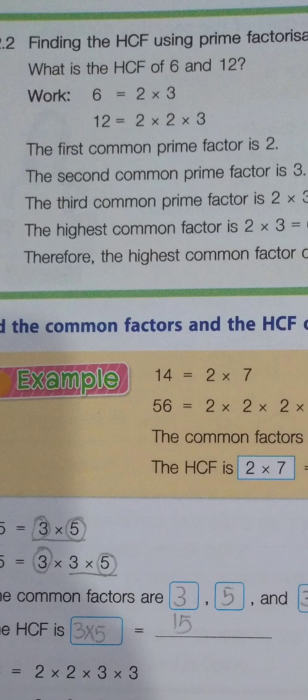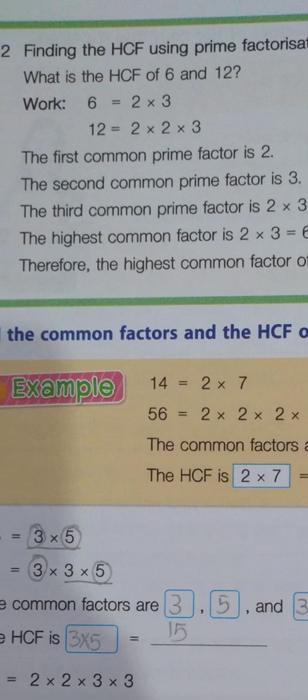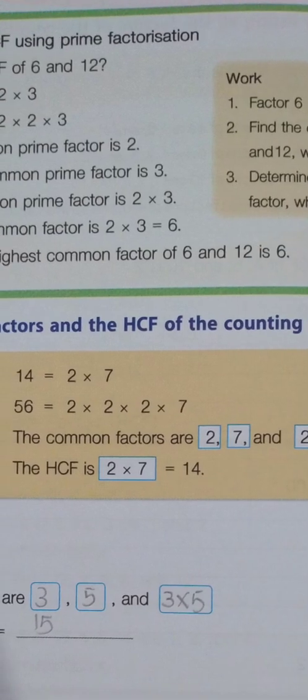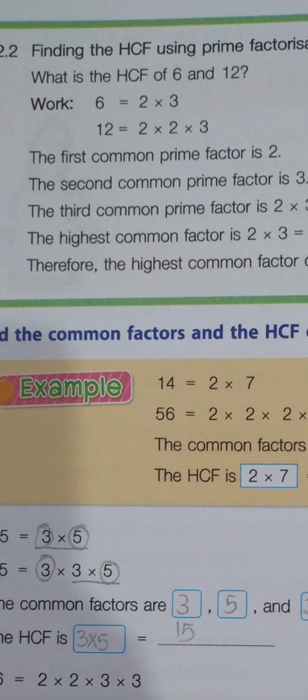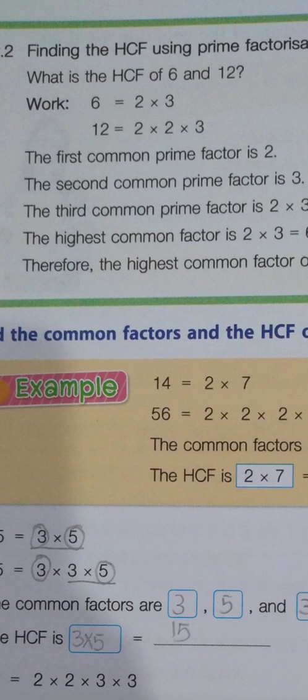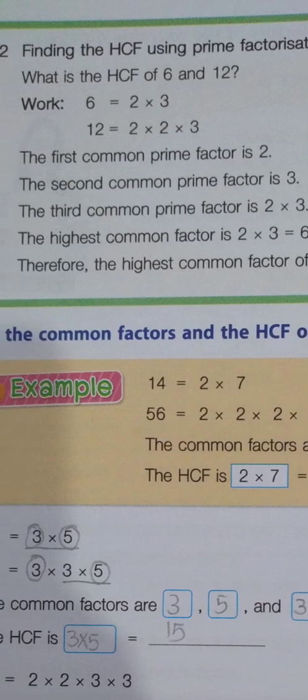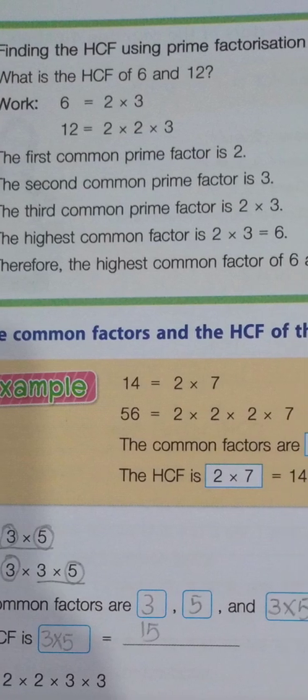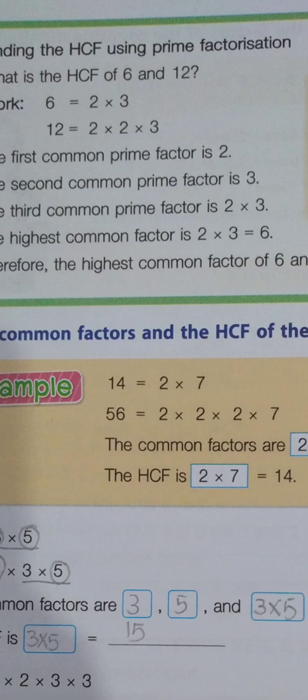The first common prime factor is 2. They both have 2. The second common prime factor is 3. They both have 3. And the third common factor is 2 times 3.